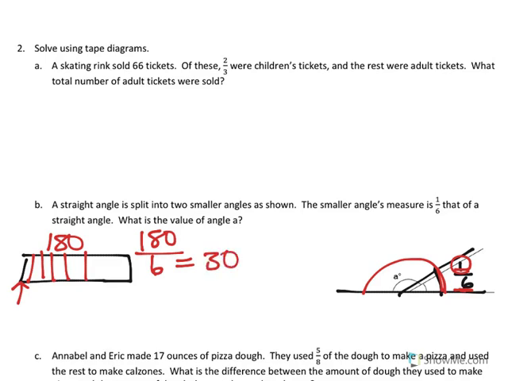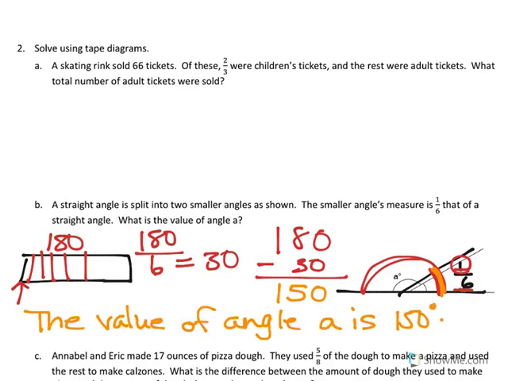So if the short angle is 30 and the rest is A, if we took the entire angle, 180, and subtracted the 30, which is this short angle right here, we would get 150. Therefore, the value of angle A is 150 degrees.